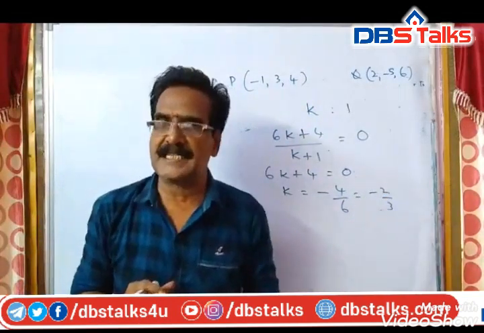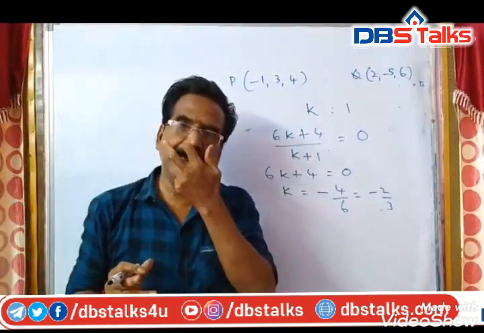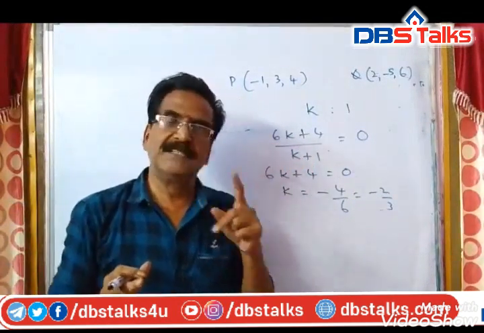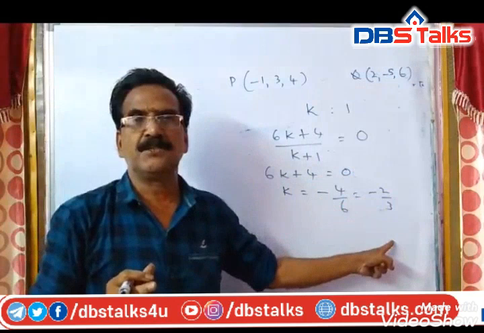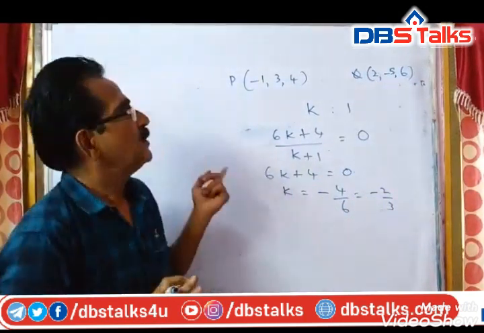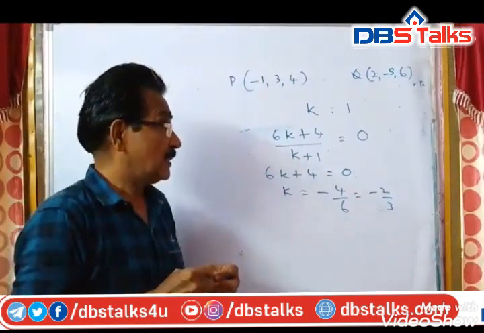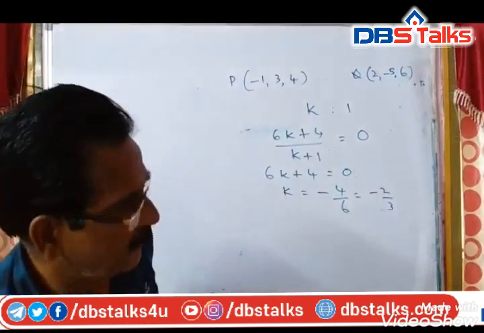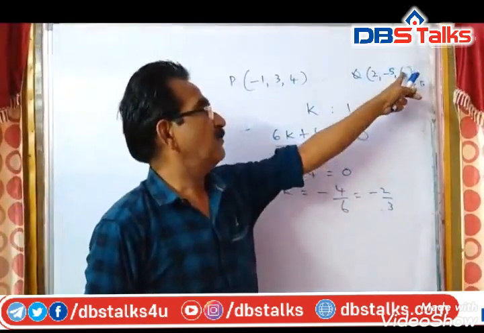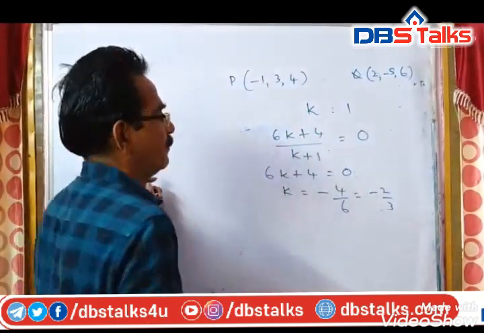Here the ratio is minus. Right, friends? Since it is the xy plane, we just found the z coordinate, and the z coordinate is 0.